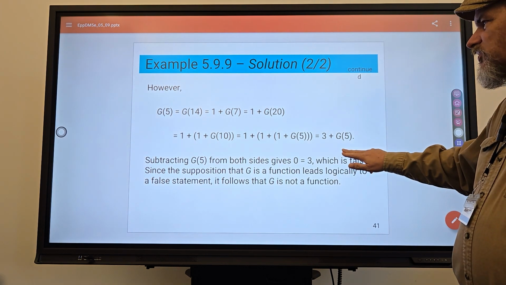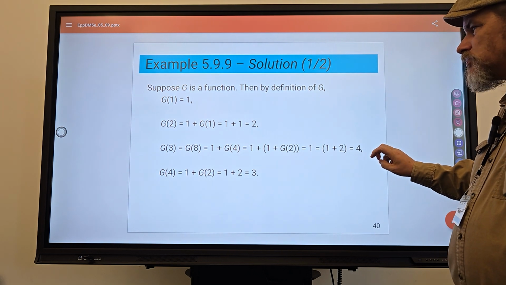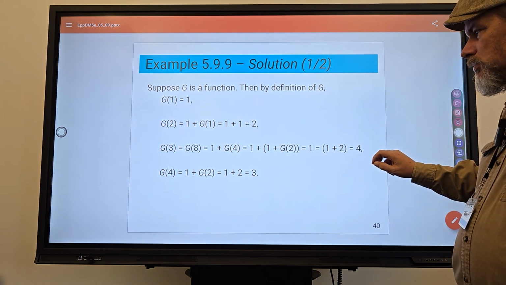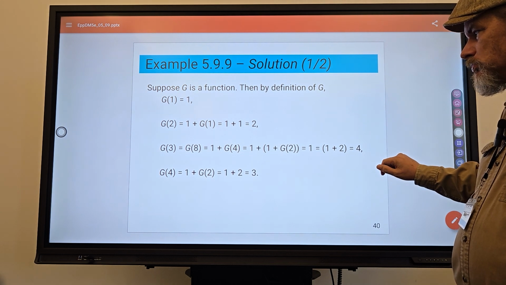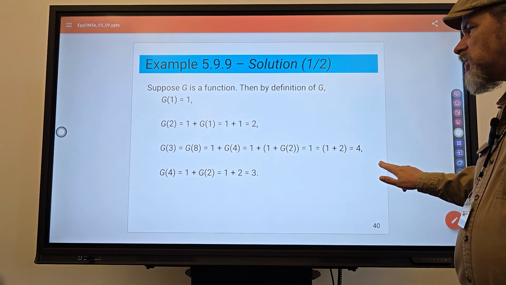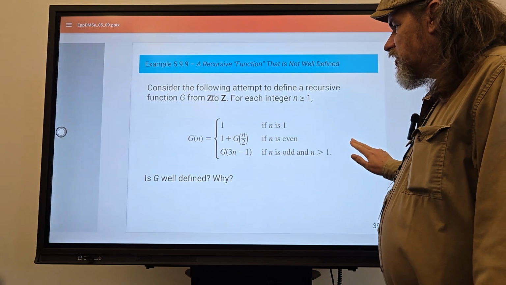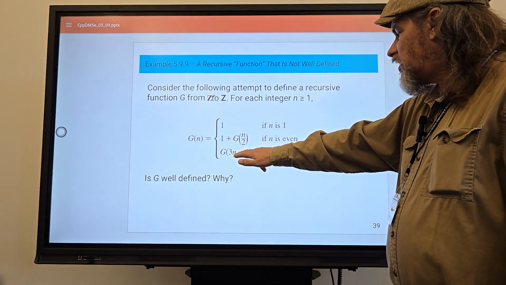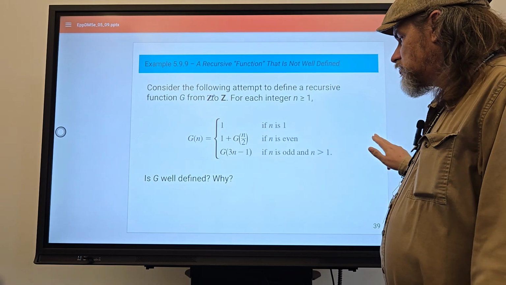If you go back to the definition, G of an odd number n is G of 3n minus 1.